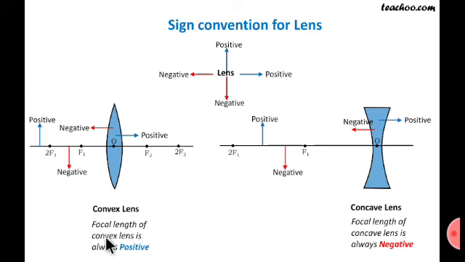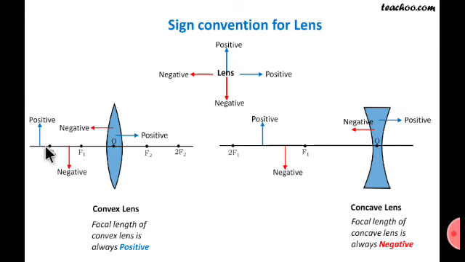Focal length of convex lens is always positive, focal length of concave lens is always negative. This is just a fact. If you do a simple problem under these two lenses to find the focal length of each, then you can get that focal length of convex lens will be positive and focal length of concave lens will be negative.